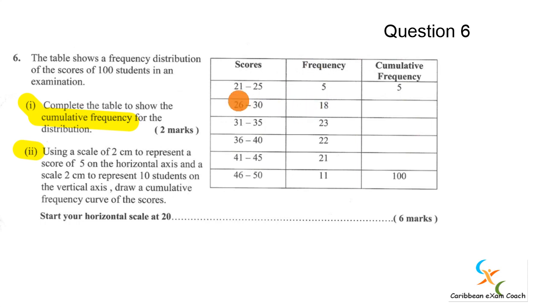What are the givens? You're given the scores of 100 students in an examination. And for example, the first set here, scores that fell between 21 and 25. The number of students who got scores between 21 and 25 was 5, so that's the frequency.